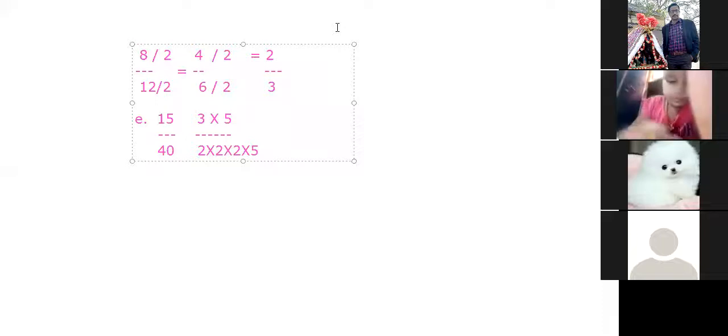How? 2 into 2 is 4, 4 into 2 is 8, 8 into 5 is 40. So how I have done this, I will show you on the right hand side. Here I'll draw a figure. Okay, so I'll divide, and then I divide this one also.